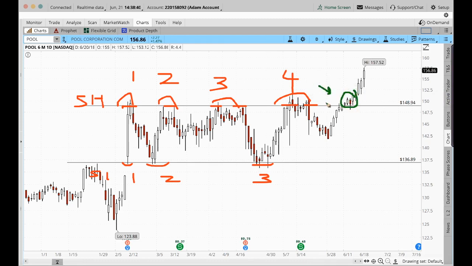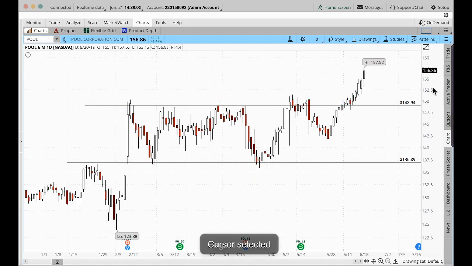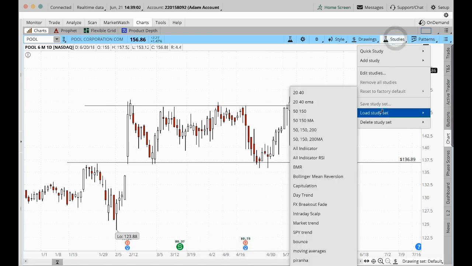And later I'm going to teach you how to identify a valid breakout. So just hold on for a while. So just understand that that's a breakout. And again, at this breakout, I want to ensure that the moving averages are in sequence, right? So the 20 is above the 40, the 50 above the 150, and one of the indicators is bullish. So let me show you again the indicators, which we put in earlier on.